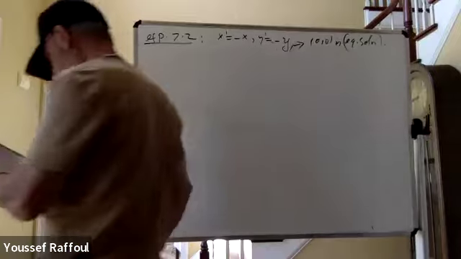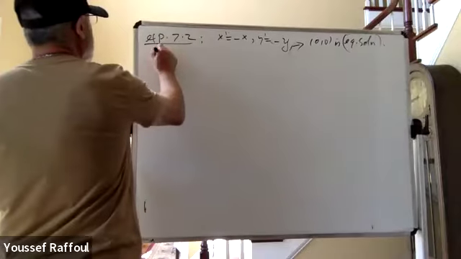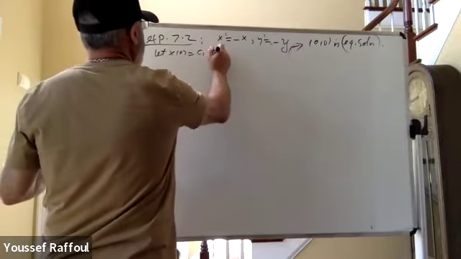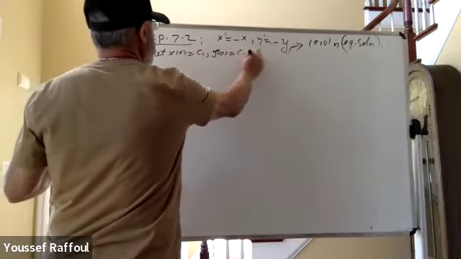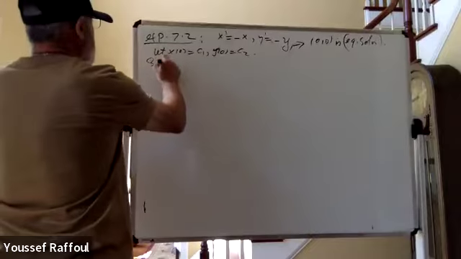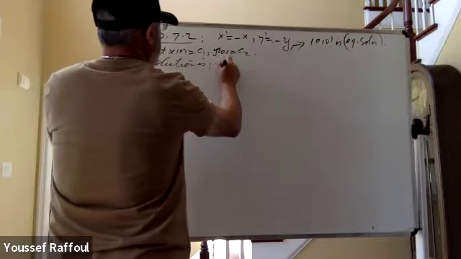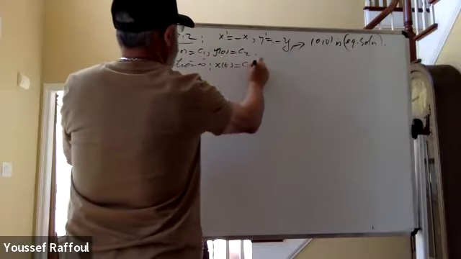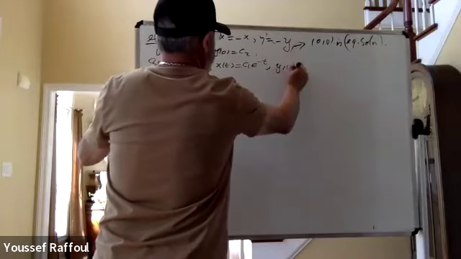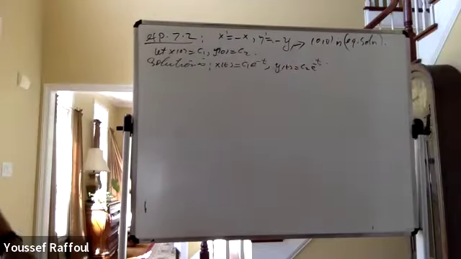Okay? So let x0 equal C1, y0 equal C2. Then the solution is x of t equals C1 e to the minus t, y of t equals C2 e to the minus t, right?